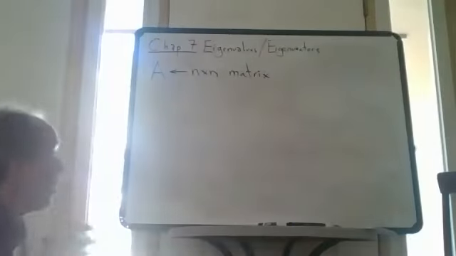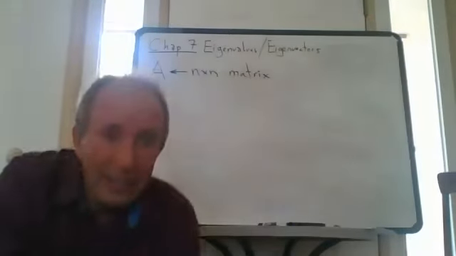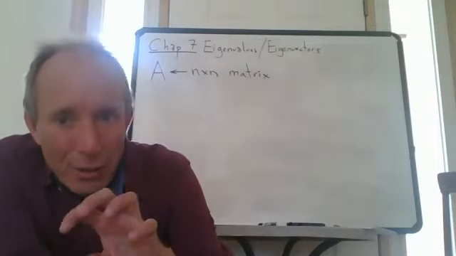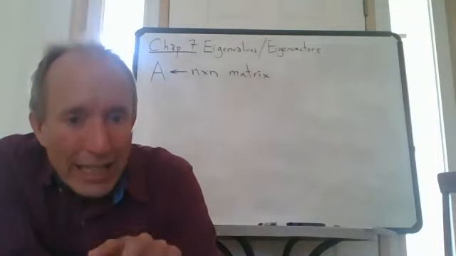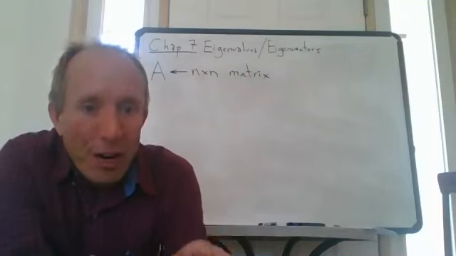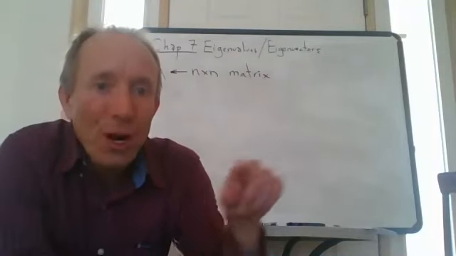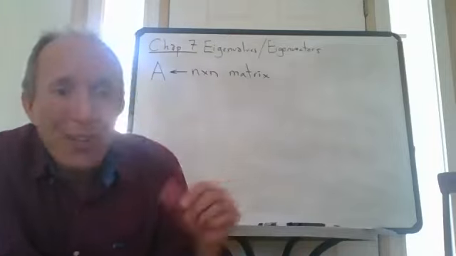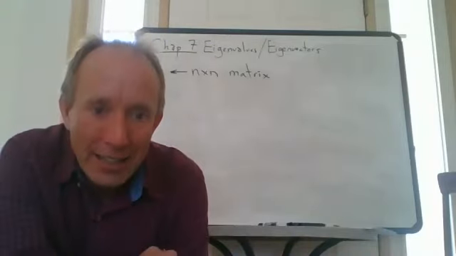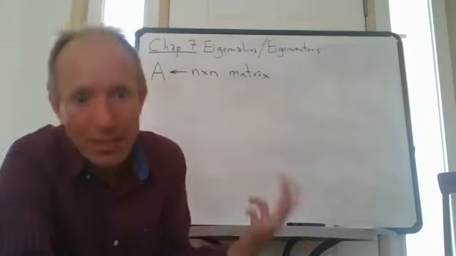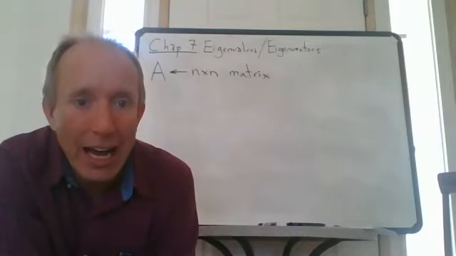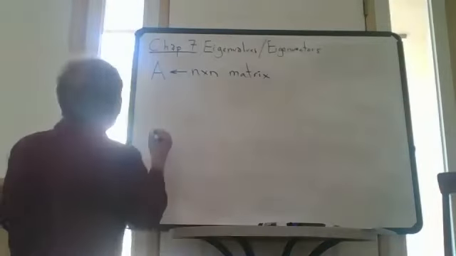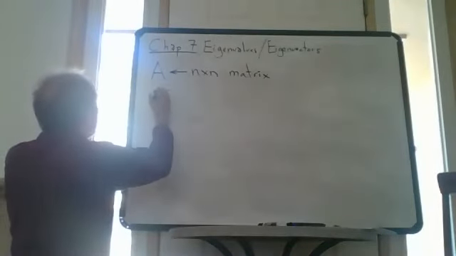Now, you might remember from chapter 6 that any matrix can be associated with a linear transformation from R^n to R^m. In this case, of course, that transformation would go from R^n to R^n because the matrix is square. So what we can do is consider the following.